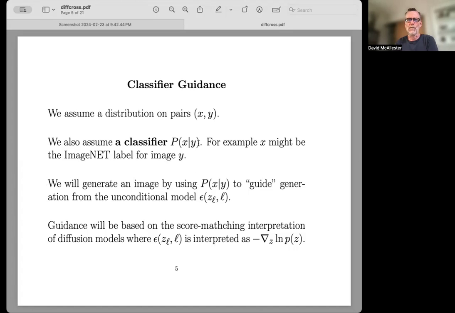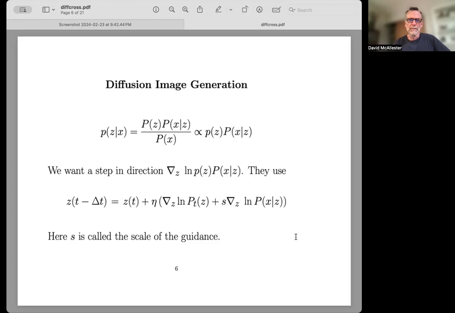So P of X given Y is a classifier for image Y. And we're going to use the classifier to guide the generation of the image. And we're going to focus on doing gradient descent on the negative log probability of the image. So this is guided diffusion image generation.